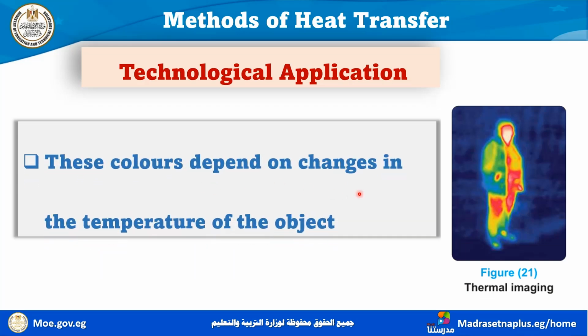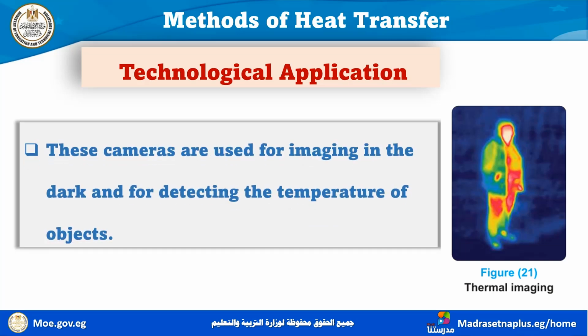These colors depend on the change in temperature of the object. We have different colors, and this shows us the different parts of changes in temperature of this body. These cameras are used for imaging in the dark and for detecting the temperature of objects.